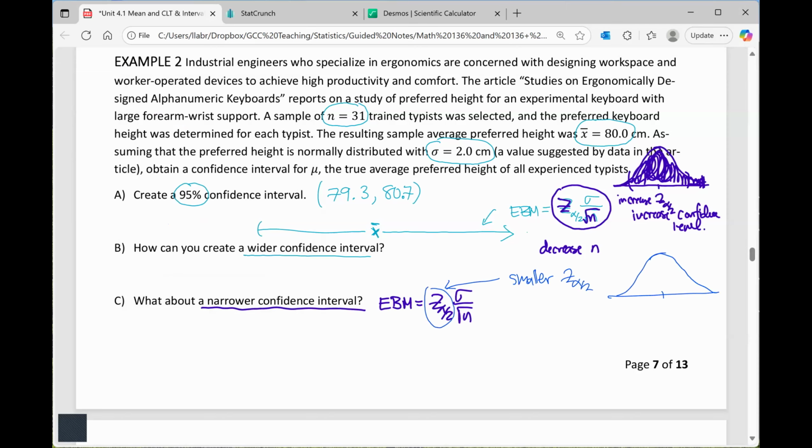That tells you how far to go from the mean. So you would decrease how far out you go, which means that you capture less of the actual samples. So that means that you decrease the confidence level. And finally, the last one is if you want this to be smaller, you can increase n.